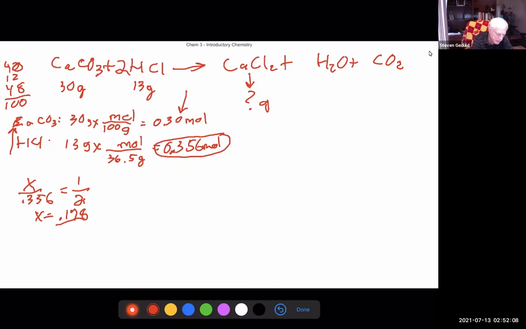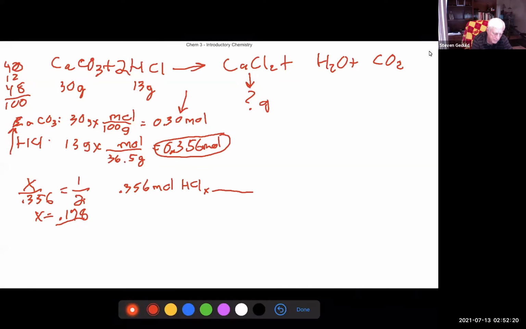Okay, so that's what I'm going to use for our calculations. I've got 0.356 moles of HCl. We're going to have moles of HCl, and moles of what I'm looking for, which is calcium chloride. I got 1 mole of calcium chloride to 2 moles of HCl.